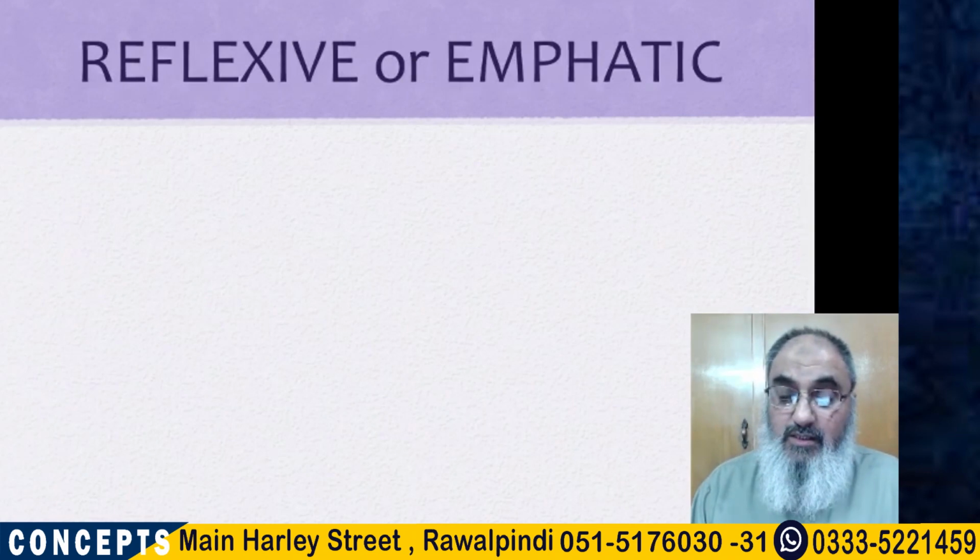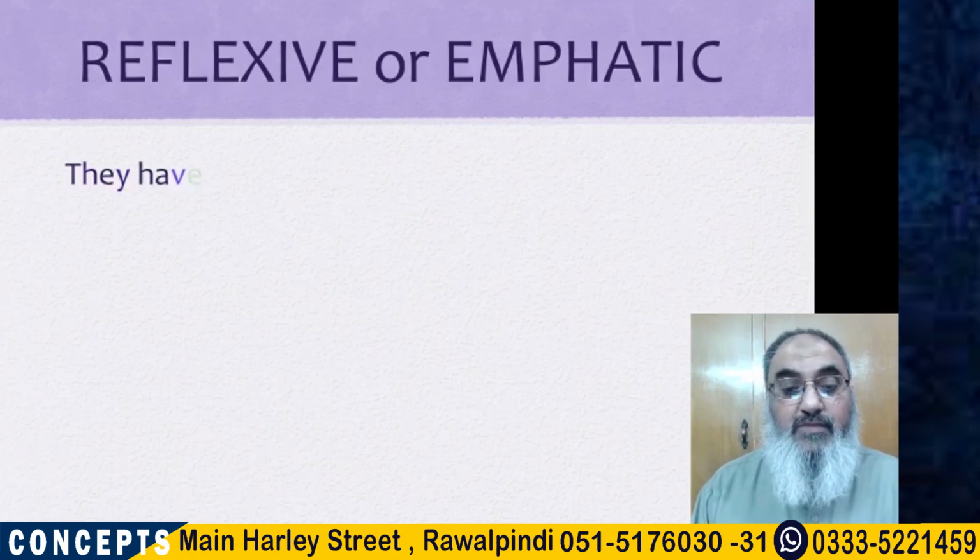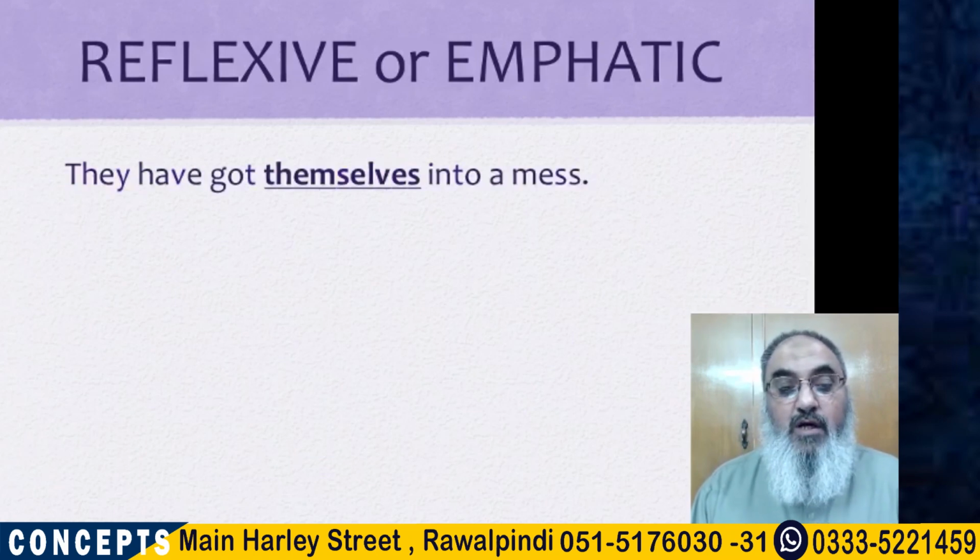Now let's see whether we can recognize by the function that they're performing in the sentence whether they are reflexive and emphatic pronouns or not. Look at this first sentence. They've got themselves into a mess. What is themselves in this sentence? The easy way to do it is to just remove themselves from the sentence, and the sentence would be: they've got into a mess.